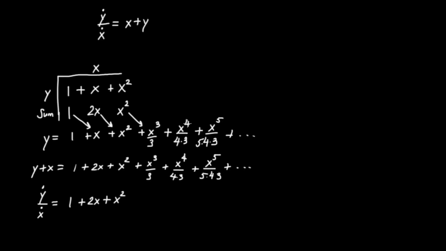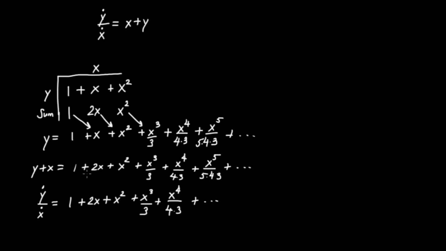The derivative of x to the 4th, 4 comes off front, cancels the 4 down there. We have x to the 3rd over 3. The derivative of x to the 5th over 5 times 4 times 3, 5 comes out front, and we're left with x to the 4th over 4 times 3, and so on. We have those higher order terms there.